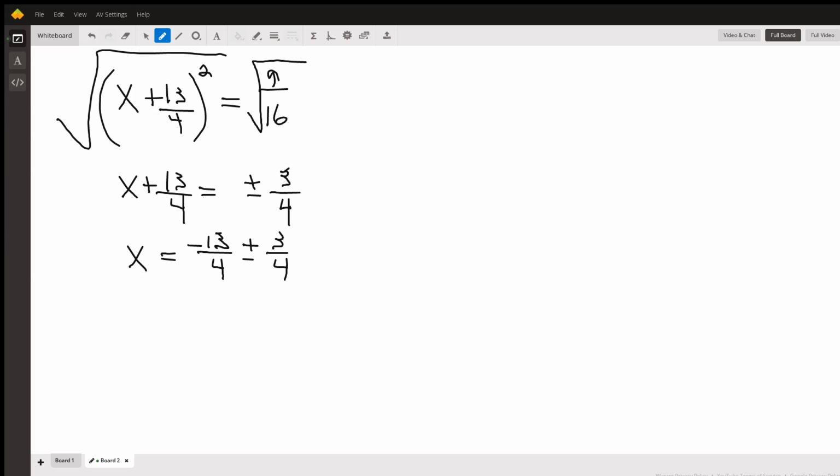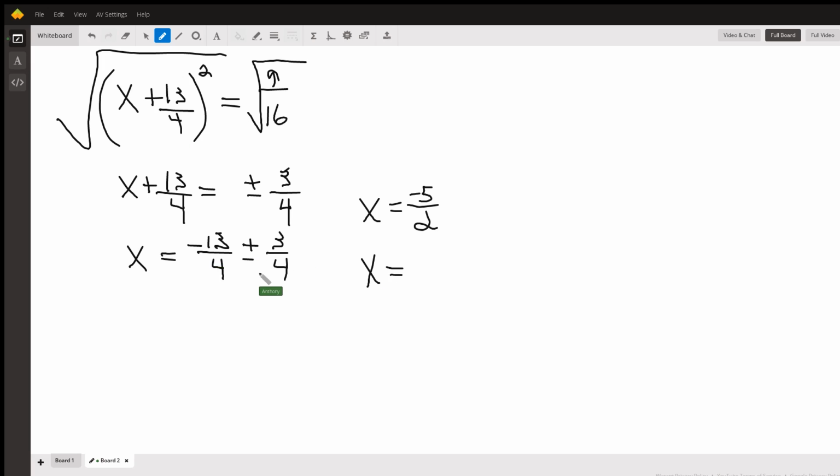So it looks like I can have that x is going to equal negative 5 over 2. I'm just simplifying the negative 10 over 4. Or x is going to equal, what's the second one?